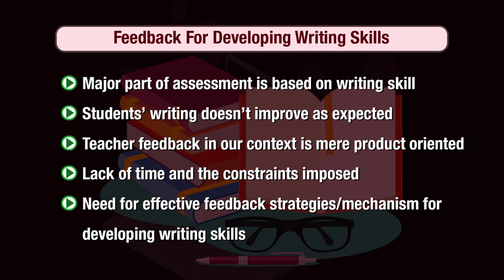Researchers have revealed that teachers rarely used the process approach for several reasons. Lack of time and the constraints imposed by examination oriented systems are major reasons for teachers not being able to provide feedback on writing. Therefore, there is a need for effective feedback strategies or mechanisms for developing writing skill.